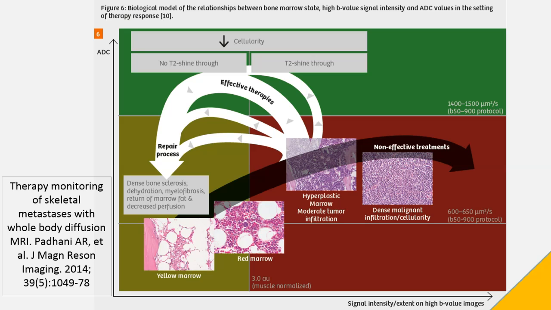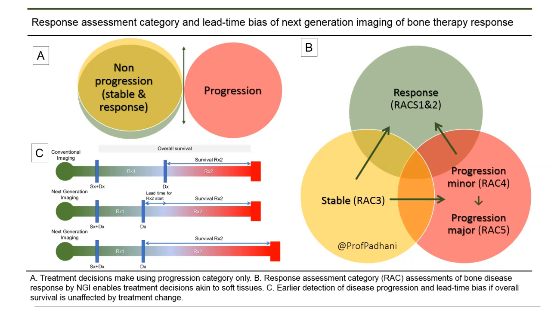So what we've got to realize is that this is a dynamic process, that as you treat, ADC normally goes up and then begins to come down, although it's not unusual to see a process like this where you don't see an increase in ADC, but you just see the reparatory process occurring. So you can see how we've also now changed the paradigm in response assessment categories.